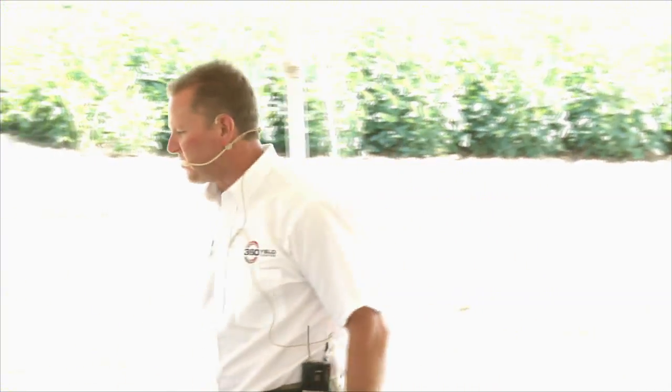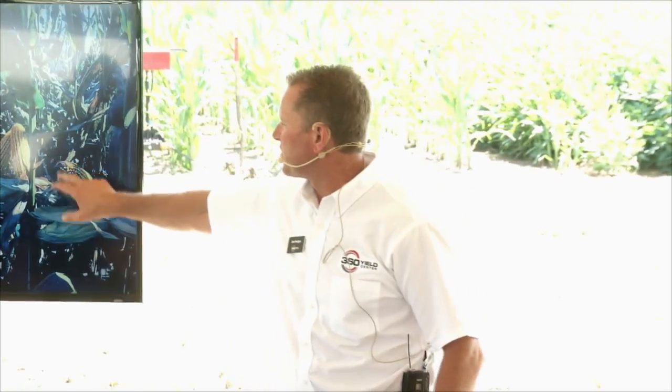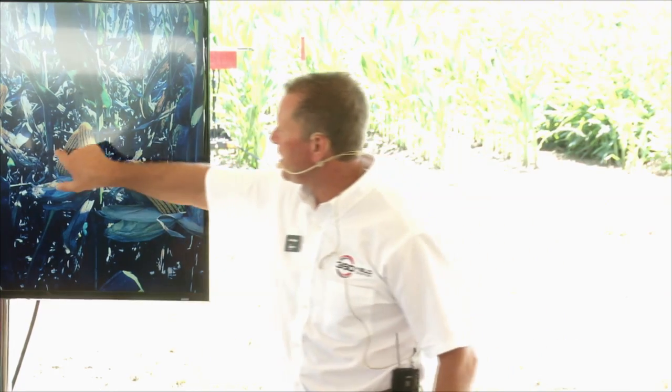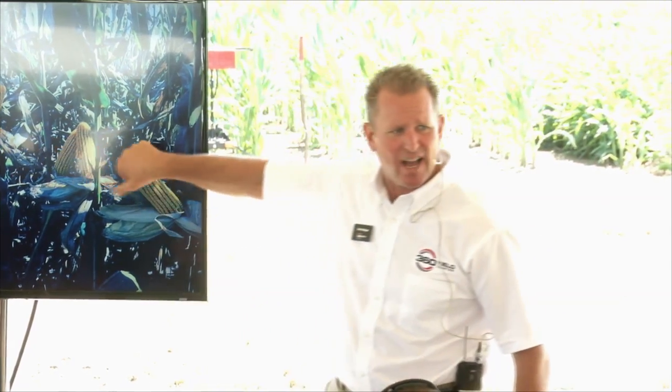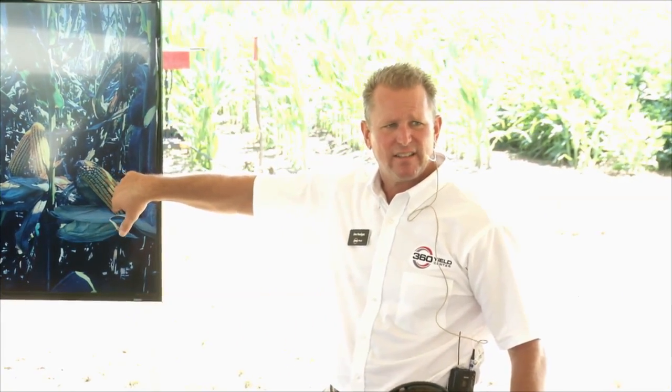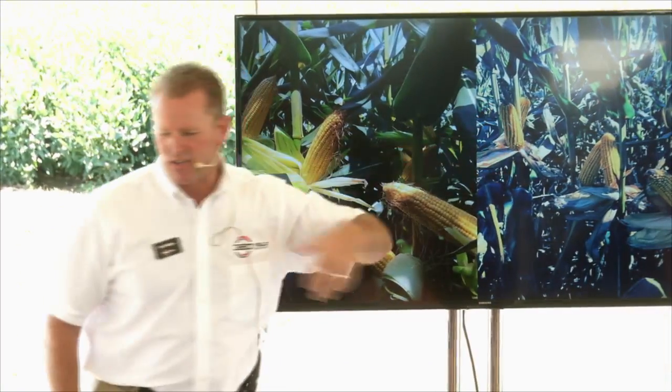Because people have told me, Jim, you've limited your yield on this field because you have no tip back. This is 20-inch rows, 37 to 38,000 final stand. So I don't want to plant thicker than that, honestly, because of variability. But what if I can go out here and not change the ear count and not change the kernel count, but by doing that carbohydrate shoving into the kernel, change the denominator on the yield equation?